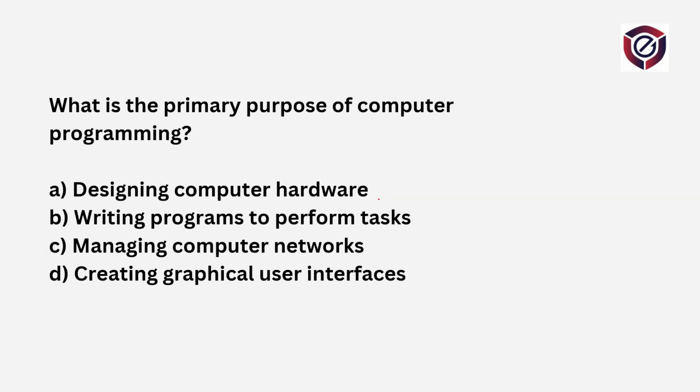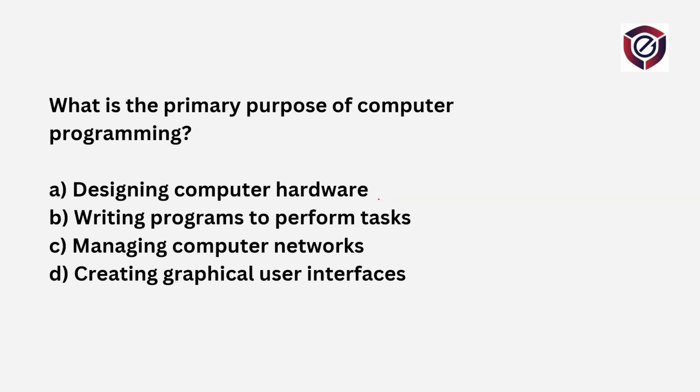So the four options given over here are designing computer hardware, writing programs to perform tasks, managing computer networks, and creating graphical user interface. The primary purpose of any programming language or programming overall is to write programs to perform specific tasks.